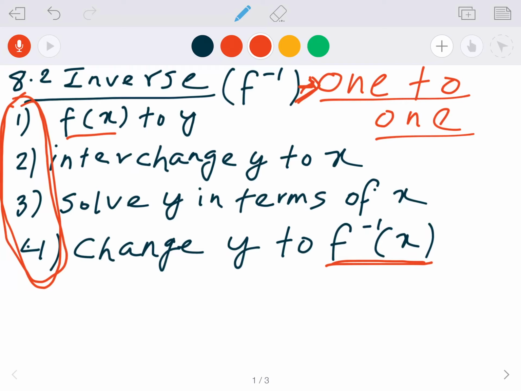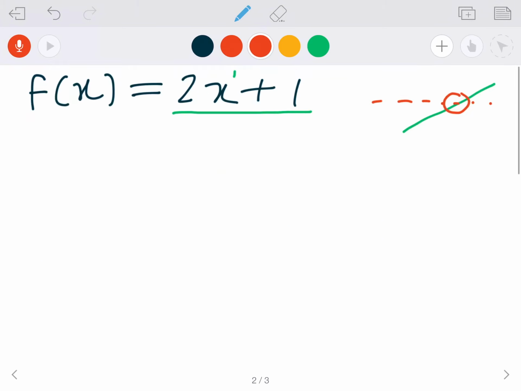Okay, so the first one is f of x to y. So basically change f of x to y. So we get y is equal to 2x plus 1.